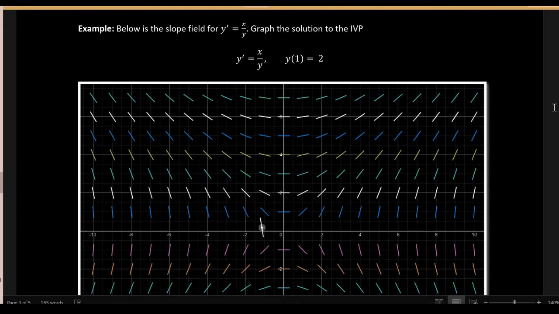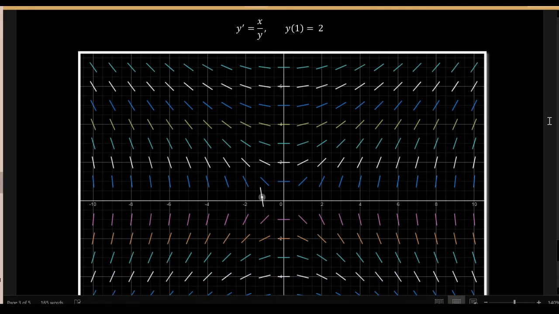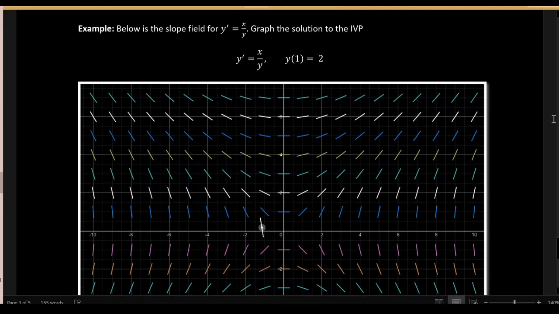Finally, let's review what it would mean to graph a solution to an initial value problem on a slope field. Below we have the slope field for y prime equals x over y. I have just gotten this from the Desmos slope field generator. And we want the specific solution that passes through the point where the input, the x value, is 1 and the output is 2.